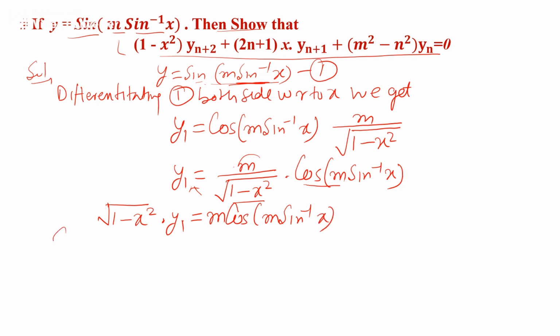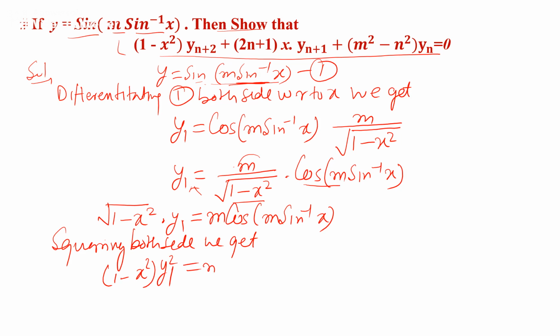Now squaring both sides, we get (1 minus x square) y1 square is equal to m square cos square(m sin⁻¹ x).